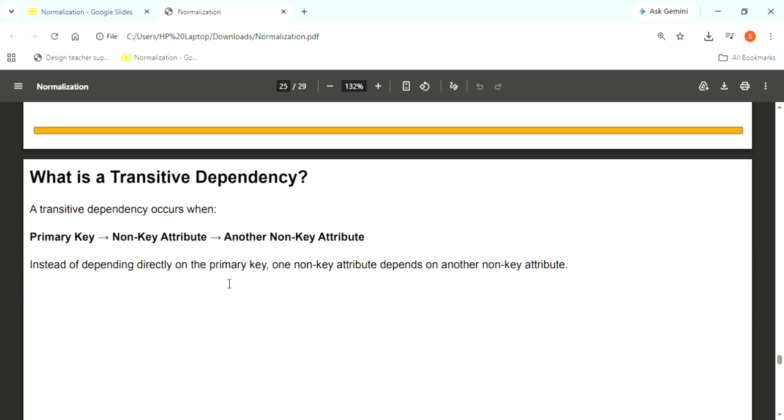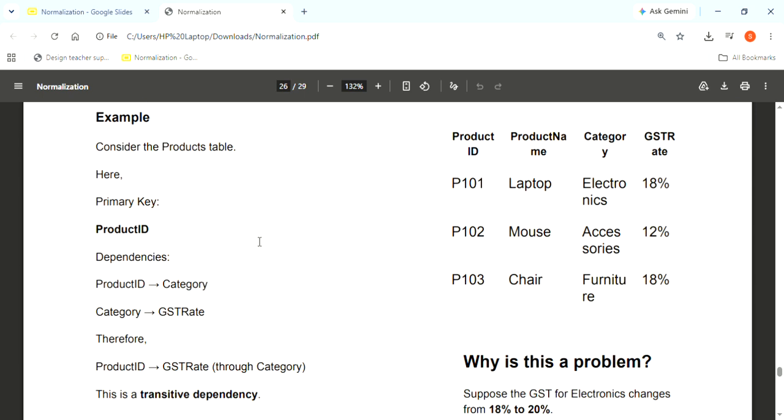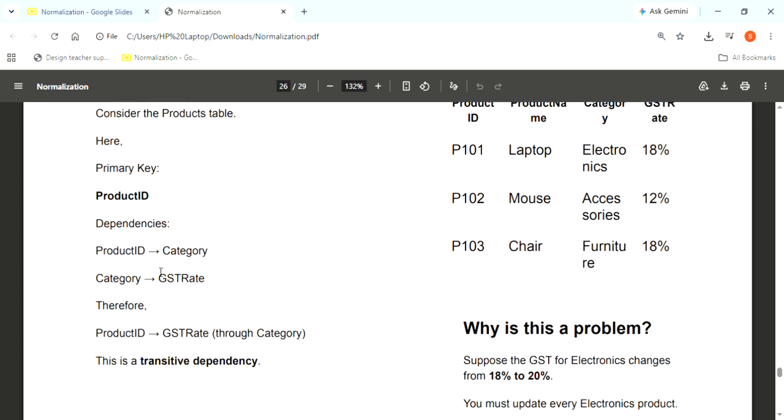Let us see what a transitive dependency is. A primary key depends on a non-key attribute, and then that is again dependent on another non-key attribute. Let us see with an example. Consider this products table, where we have dependencies like this.